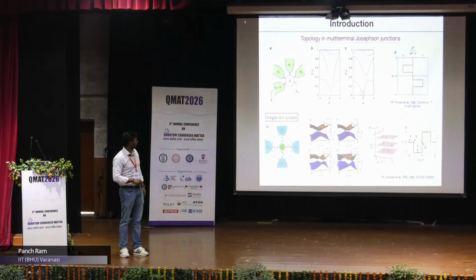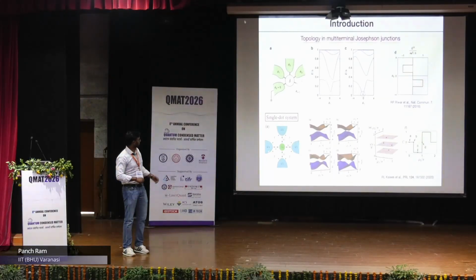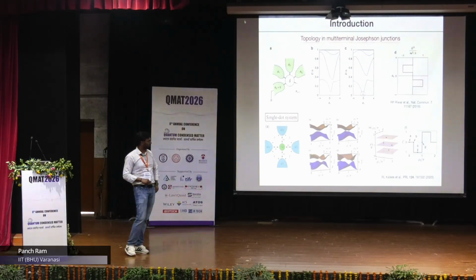So this is the energy, and this energy is calculated in the phi 1 and phi 2 space for various values of phi 3, and this one can be grounded or gauge invariant. You see here the gap, then there is a gap closing, and again a gap opening, and later there are 2 points where it closes.